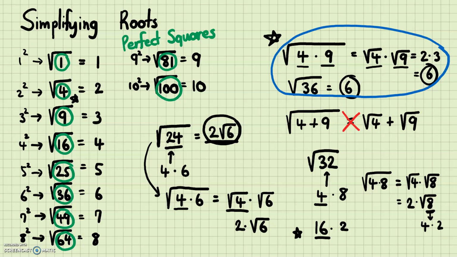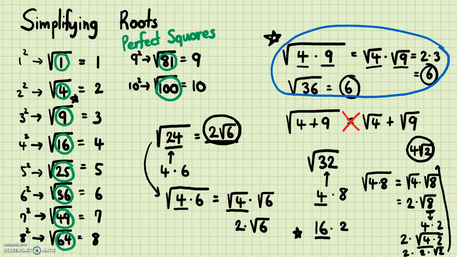So you can do the same step again. So that's going to be 2 times square root of 4 times 2. And then again, that's going to be another square root of 4 here, which is going to be 2. So 2 times the square root of 2. And the answer, I'll write the answer up here. The answer is going to be 4 times the square root of 2.